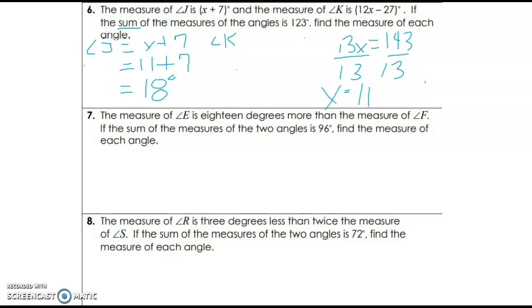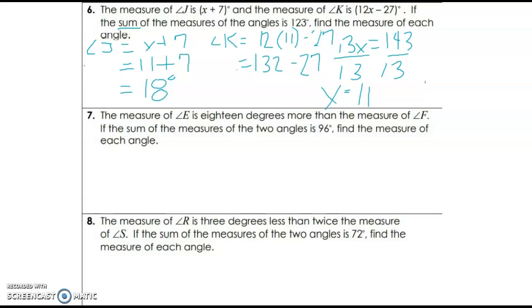Now for angle K, it is 12 times x, which is 11, minus 27. So first we multiply 12 times 11. When we multiply 12 times 11, that's going to give us 132 minus 27.